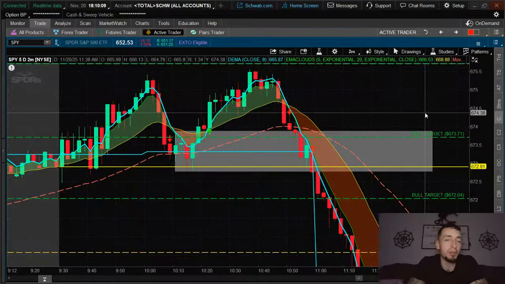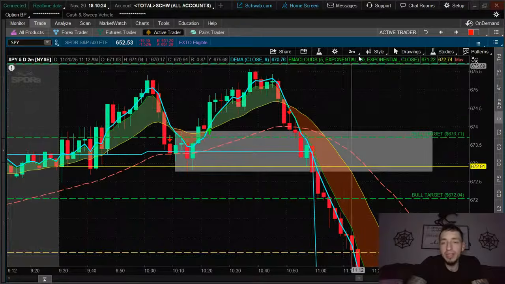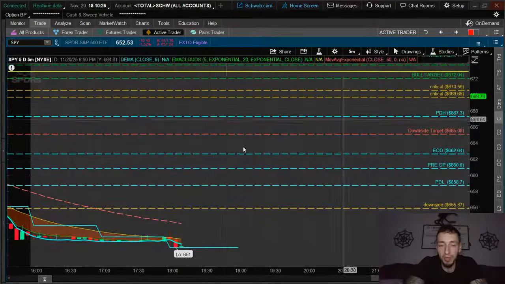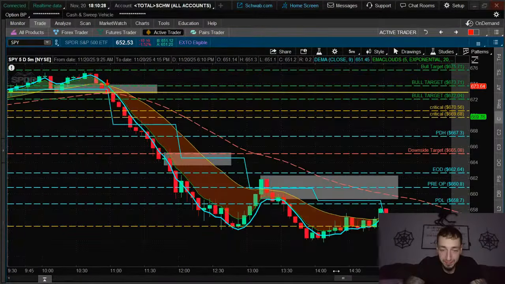Moving averages are my superpower. There are other superpowers, other tools that we can use to get in and out of the market. I'm not saying moving averages are my only superpower, but they keep me from losing my head, right? So let's talk about today's trade, and then we'll go a little bit further into the 2-minute.